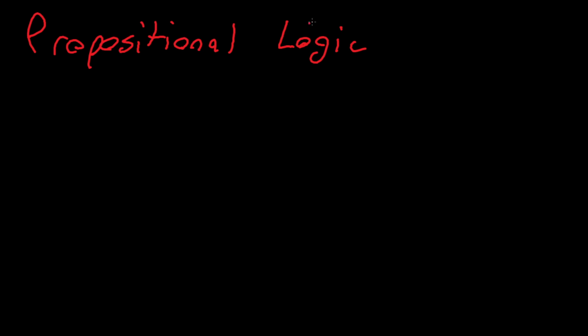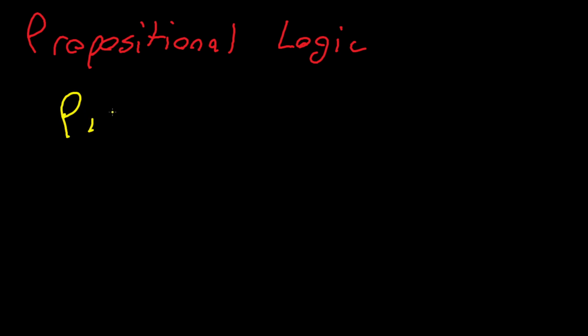Okay, so propositional logic is something I think pretty much everyone will be familiar with, and this is basically Boolean algebra. I'm going to give the actual definition right after this, but for the time being, this is just an intuitive definition.